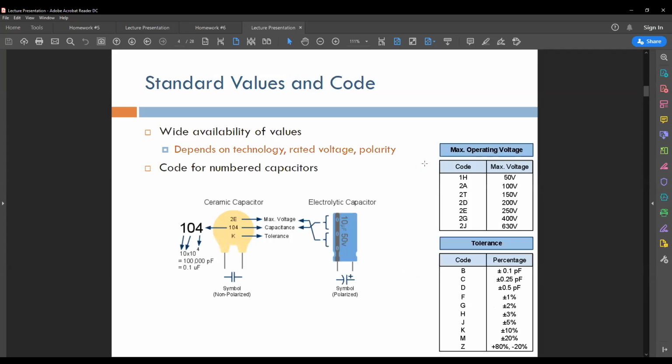We're going to start again with the code for the capacitors. The standard values of the capacitors are not as clear cut as they are in the resistors. It depends on the technology of the capacitor, or what it's made of.